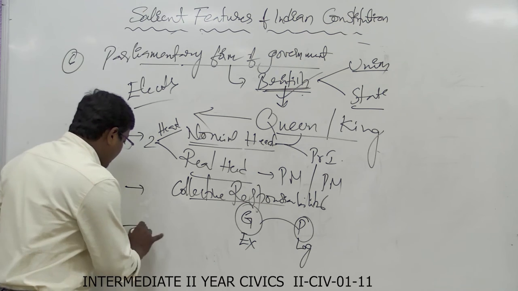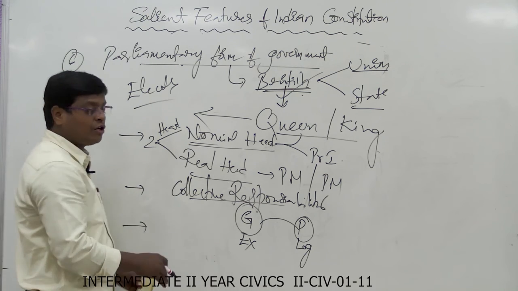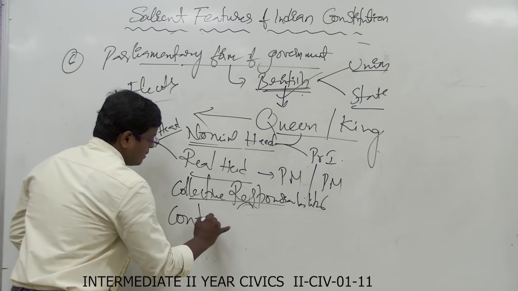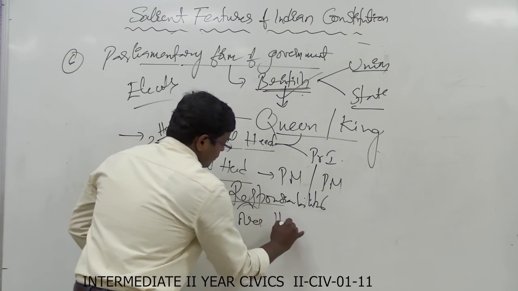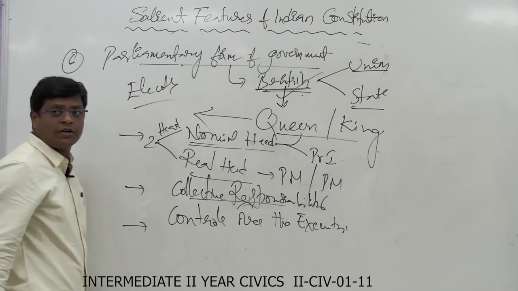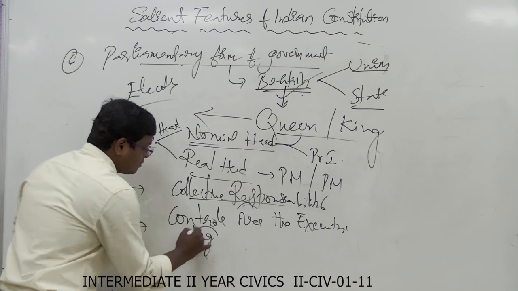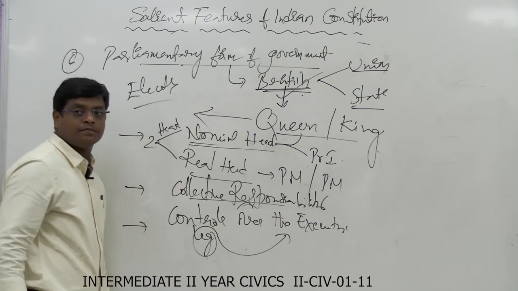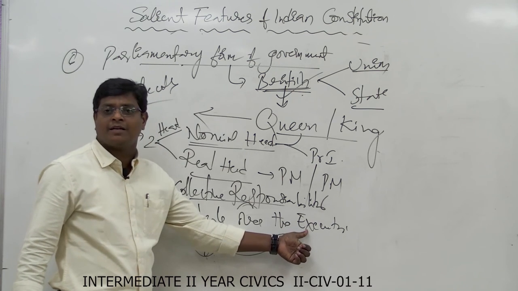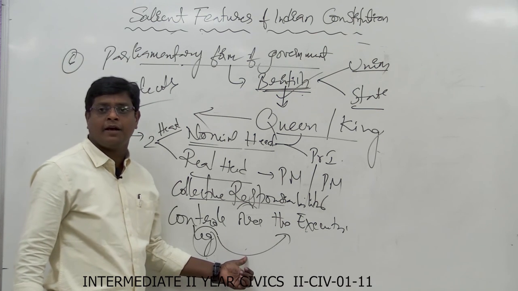Then also control over the executive. Here, who controls the executive? The legislature controls the executive. So they ask questions to the Prime Minister and the Council of Ministers in the Parliament of India.